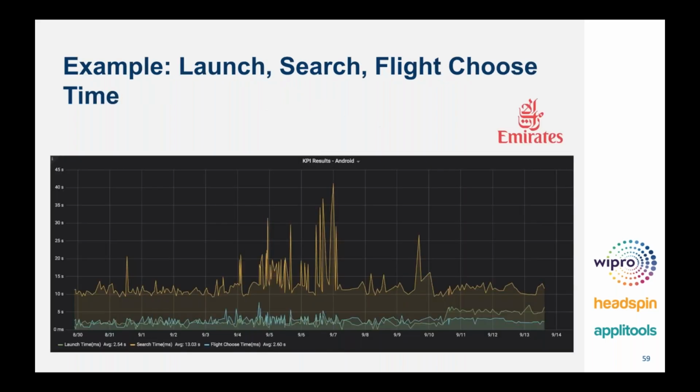And here is an example of Emirates, wherein the KPIs that are being monitored continuously in the CI/CD pipeline are launch time, search time, then time to choose a flight, right?